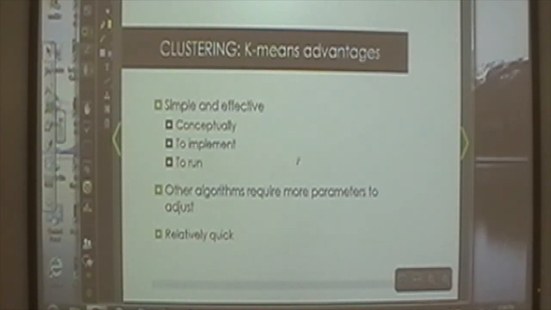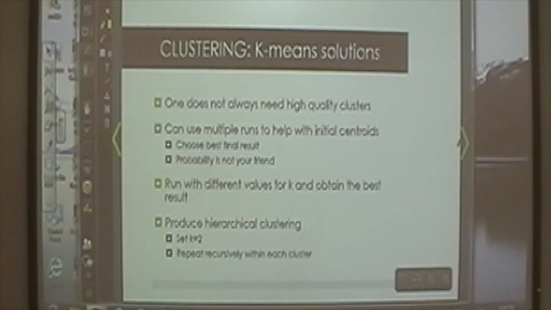I like to think of k-means as quick and dirty clustering. It's easy. Quick and dirty. So one of the things about it is it may not generate the best quality clusters, but oftentimes you don't really need high quality clusters. Sometimes you're looking at clustering to guide you in more general classification.